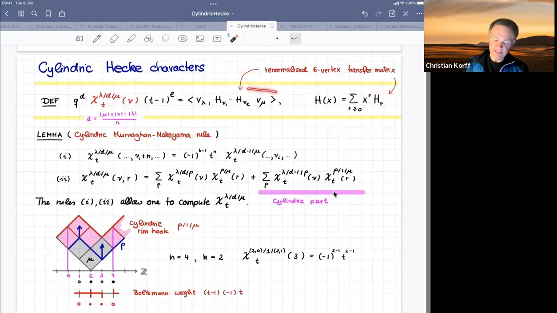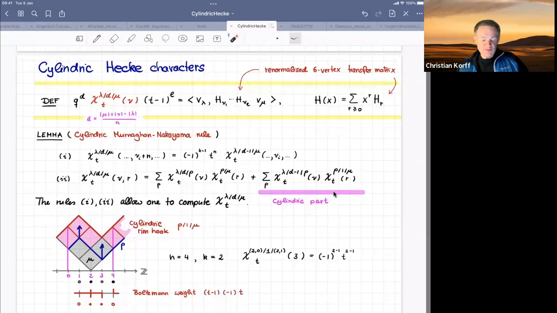And I then take matrix elements. We did precisely the same thing before, and we would have gotten out a normal irreducible character of the Hecke algebra. But now, because I'm on a cylinder, everything will also depend on how often I go around the cylinder. So there's a dependency on a d.